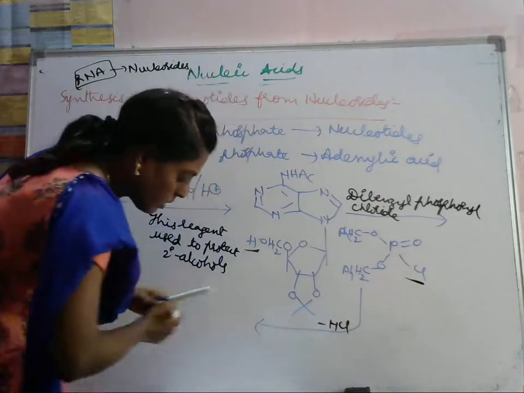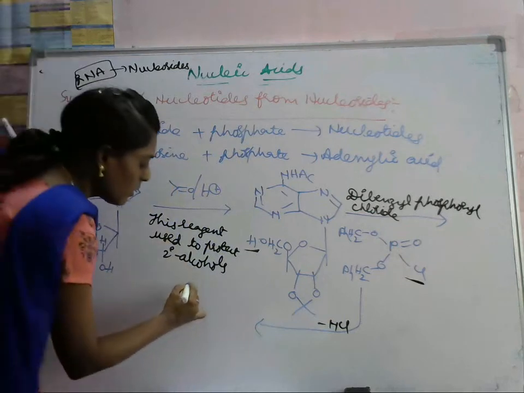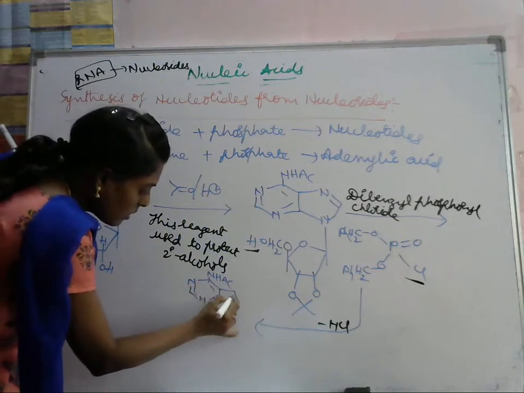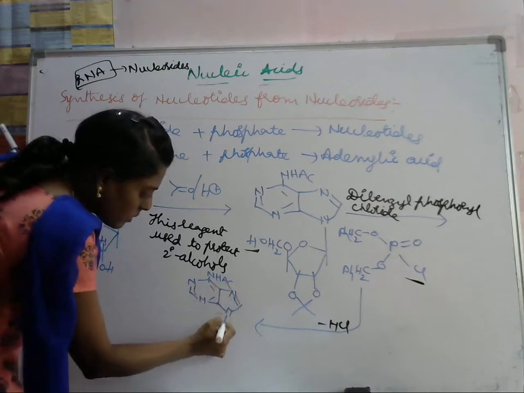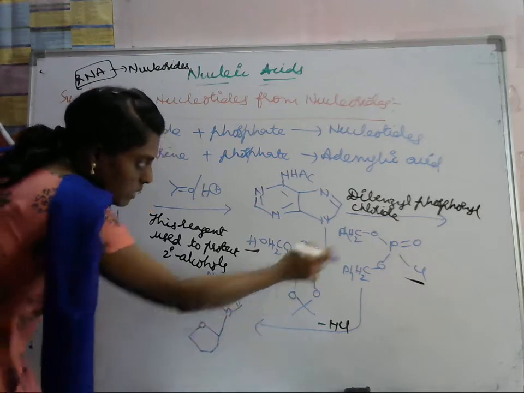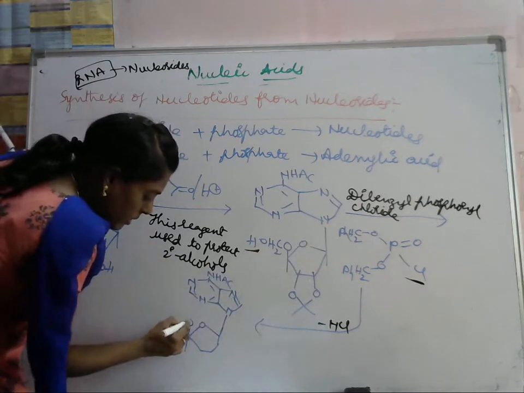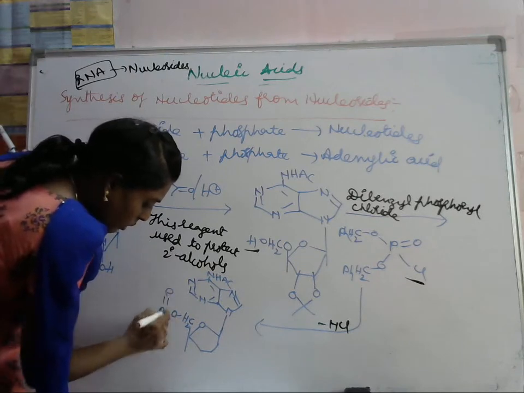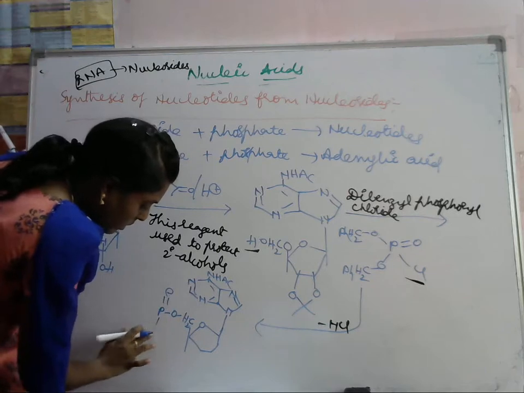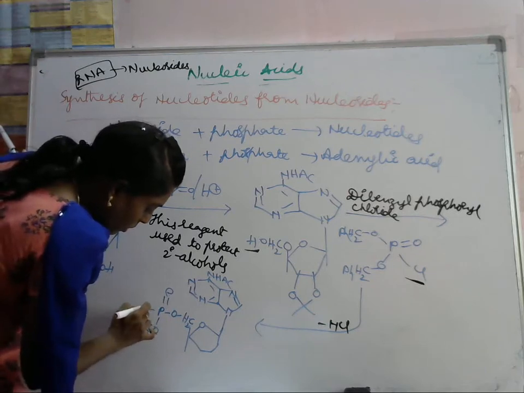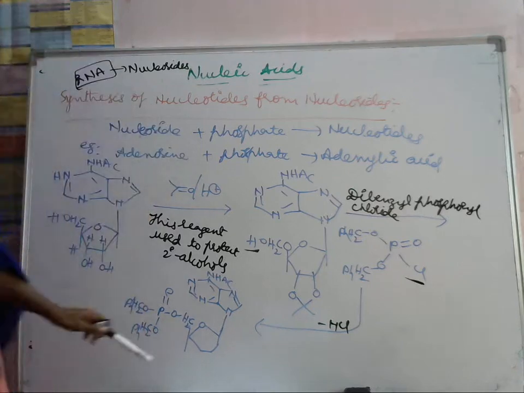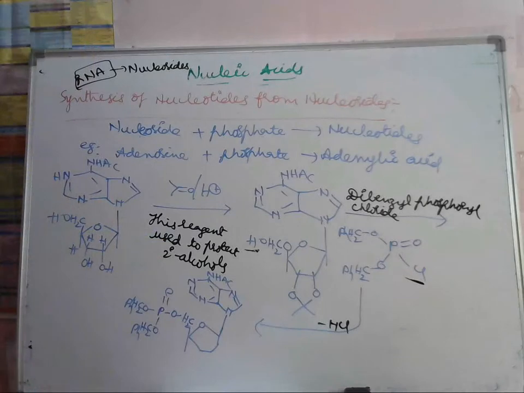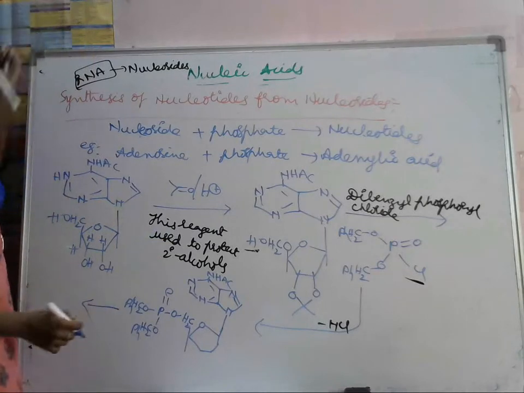Minus HCl. It forms NHAc, nitrogen. We are just replacing this H with the dibenzyl phosphate here, OCH2O, here P double bond O, OCH2Ph, and here OCH2Ph. So we are just introducing this dibenzyl phosphate group in place of this H. Next we have to deprotect all these groups.